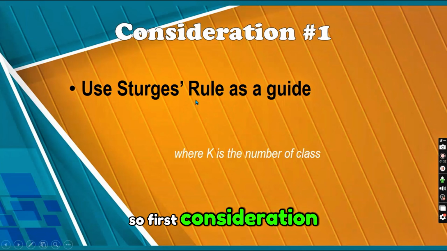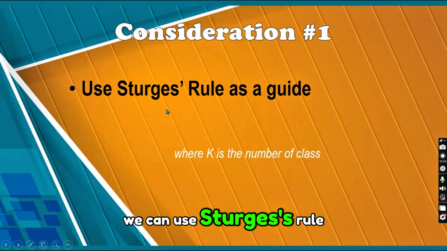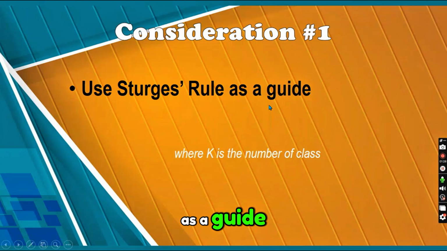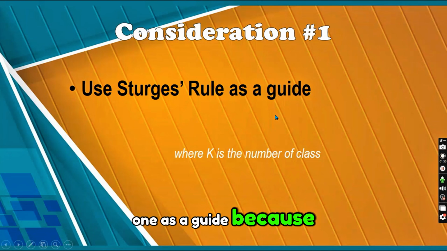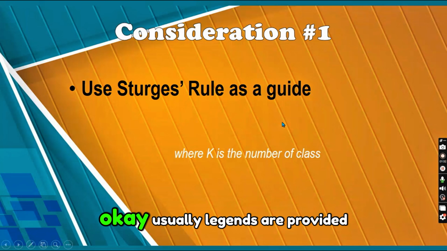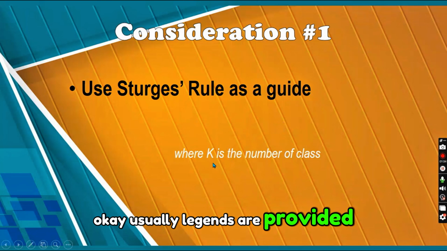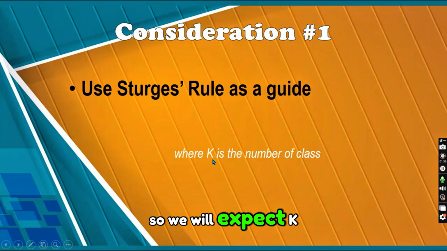First consideration, we can use Sturges' rule as a guide. It is not required, but we can use this one as a guide because in practice, usually legends are provided. We will expect K as the number of classes.